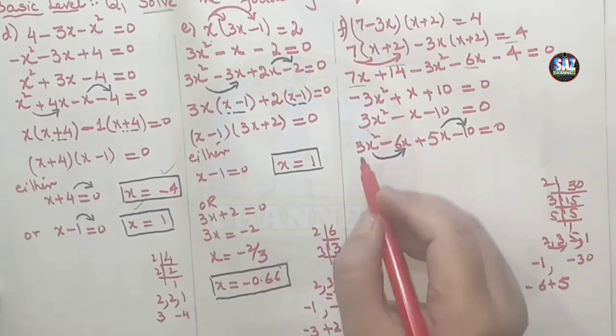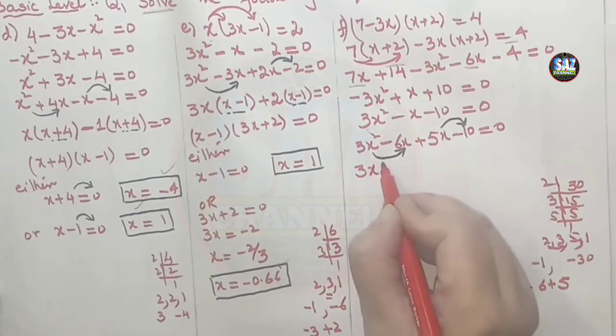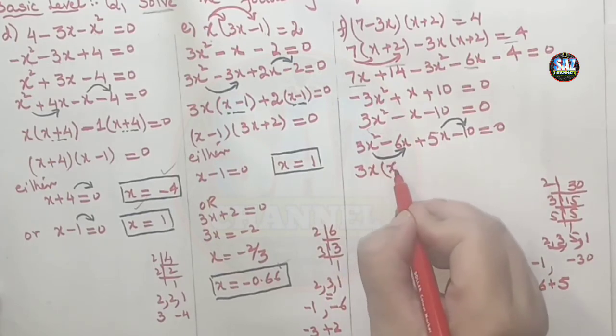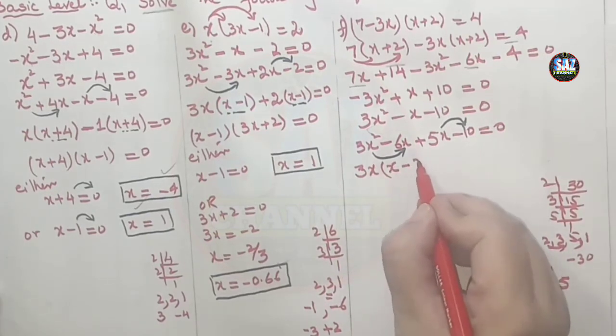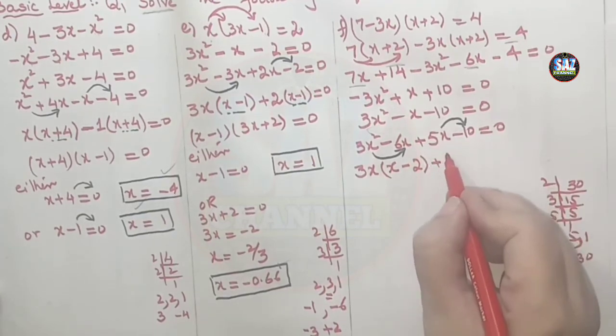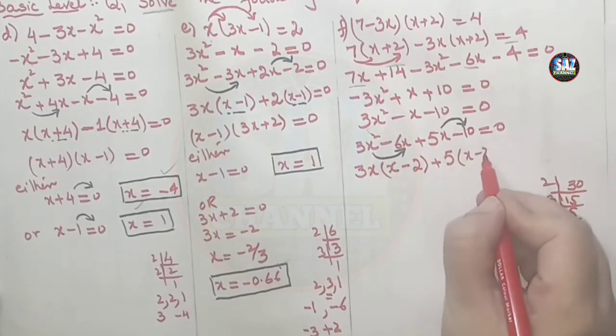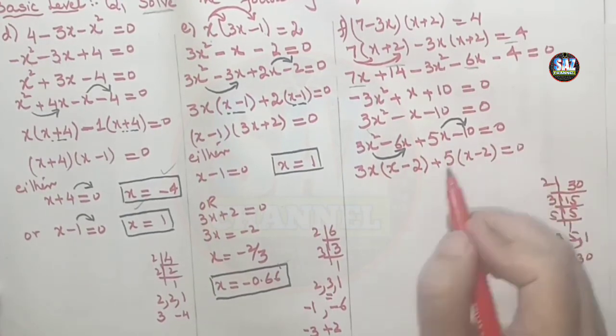If you look at the first group, from the numbers 3 is common and from letters x is common. Inside the bracket, I will be left with x minus 2. Coming to the second part, from 5 and 10, 5 is common. I'll extract it out and x minus 2 equals to 0.